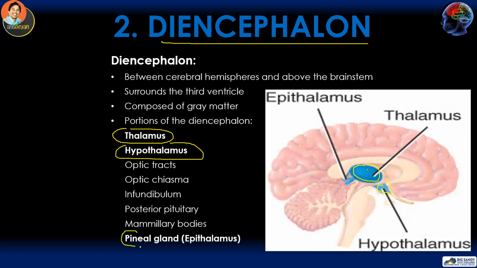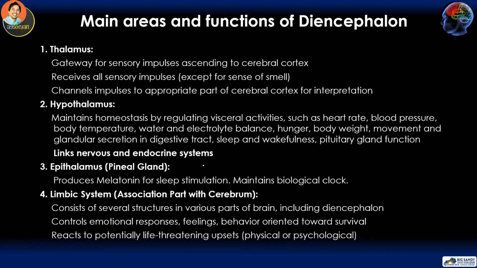And there is an area on the back called the epithalamus, sometimes also known as the pineal gland. So these are the three parts of the diencephalon. We're going to see the function of each part.